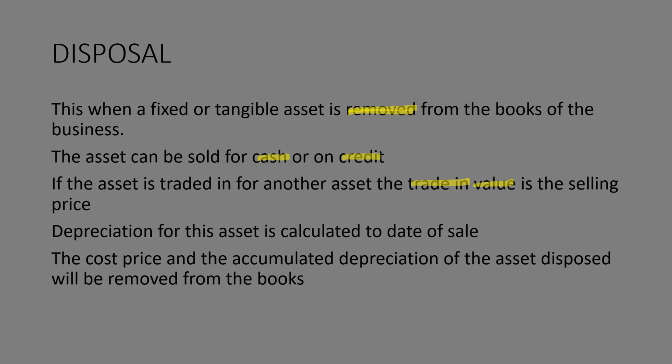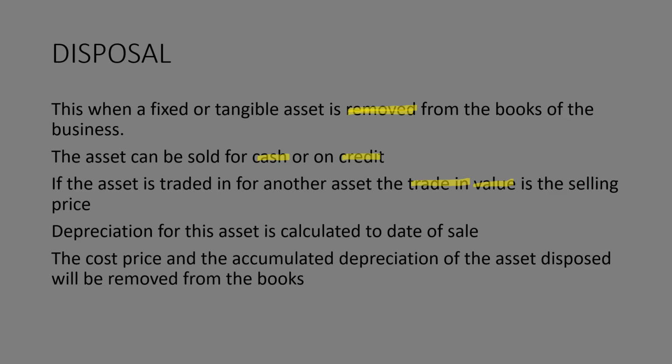There are instances as well whereby the asset is completely destroyed. Let's say maybe it's a vehicle, or a building, or equipment that was destroyed by accident. If a vehicle was involved in an accident, or the building was burned down by fire, most of those things are insured.